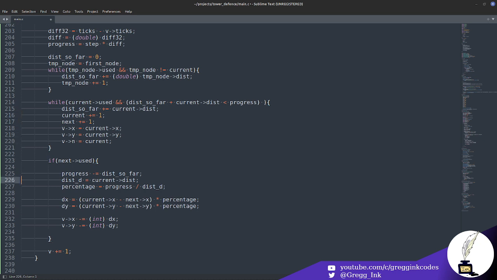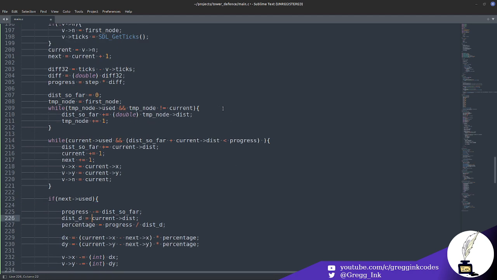Right, okay. Progress, okay. This D is current dist.